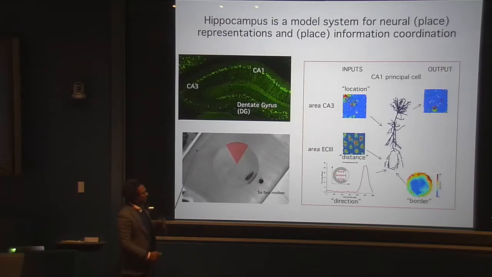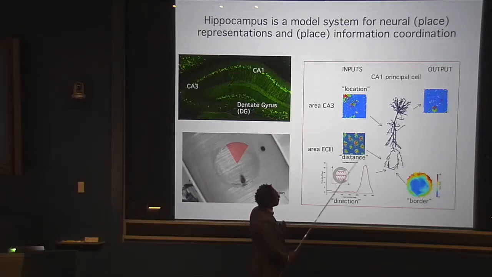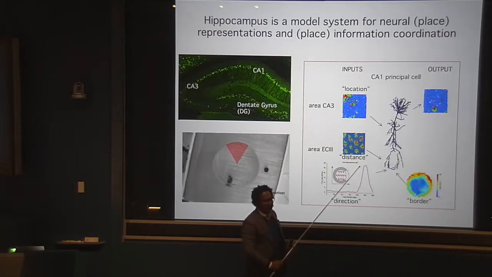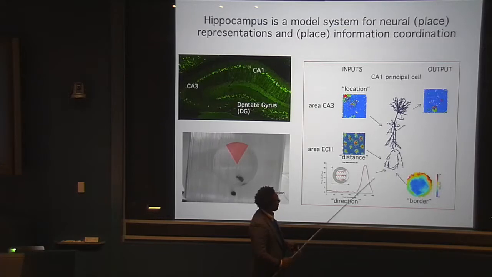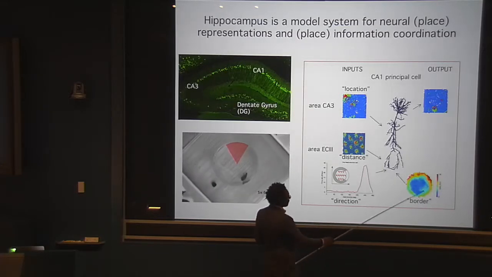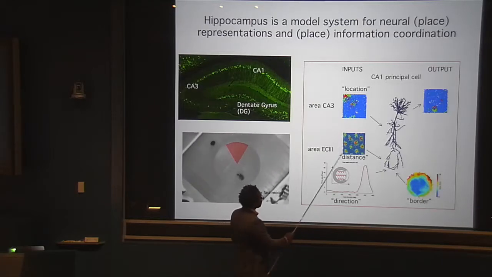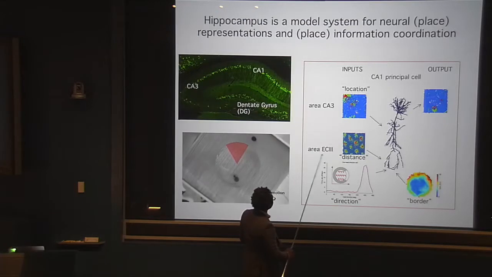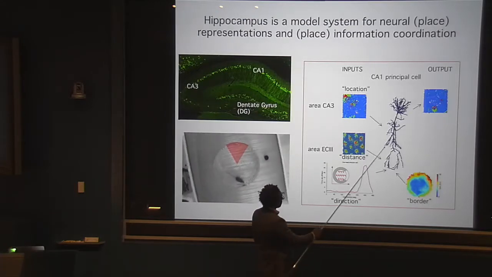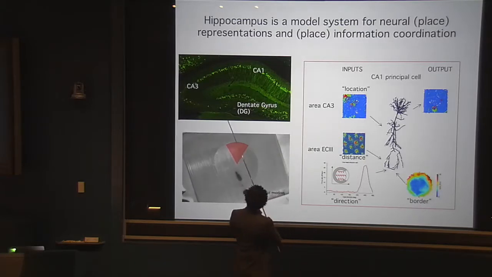One other thing to make clear is this neuron signals locations, but it's receiving on the different parts of its dendritic tree, in some sense, the components of making locations. It receives a border signal from some cells, a directional signal from other cells, a distance signal from others, all of this in the entorhinal cortex, the cortical structure that projects to this part of the dendritic tree of this neuron, and it's receiving from CA3, this region, another place signal.